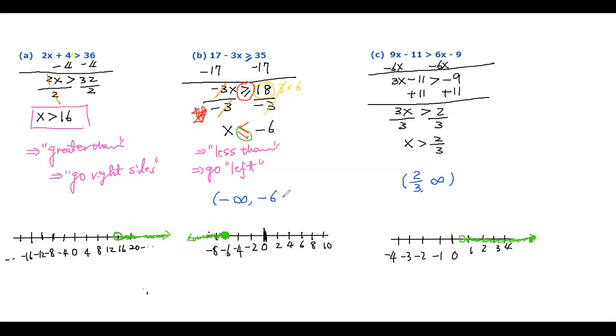Because it has an equal sign, you put a bracket. For these ones here, this is 16, you go to the infinities here. So remember, the infinity is always a parenthesis. And if you have an equal sign, you need to put a bracket there.